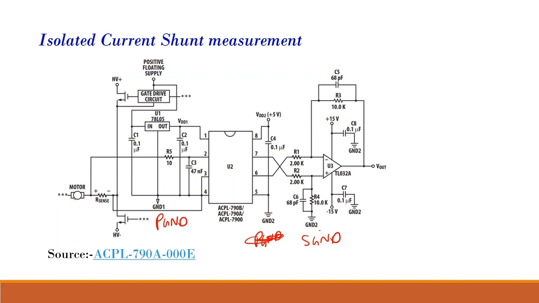There is a current flowing to my sense resistor. The voltage produced across the sense resistor comes over here via an RC filter, etc.